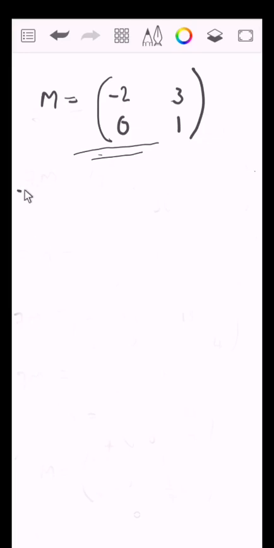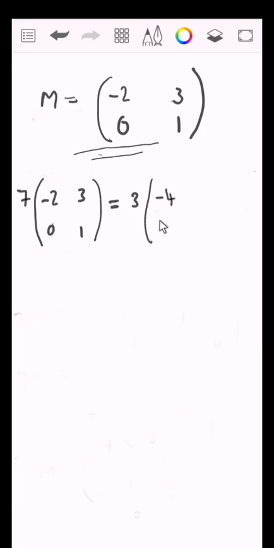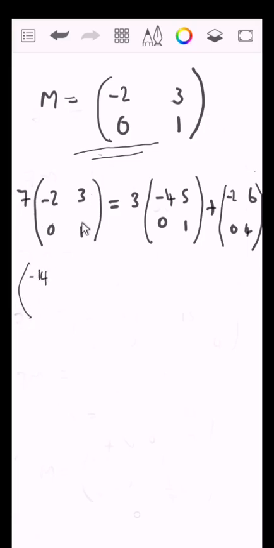But instead of writing M here, we say 7 times the matrix minus 2, 3, 0, 1. It is equal to 3, minus 4, 0, 5, 1, plus minus 2, 6, 0, 4. For the sake of practice we will not put in many explanations, so let us do the scalar multiplication here. Instead of putting 7 inside and multiplying every term as we did when solving this question, I will just do it offhand: 7 times minus 2 is minus 14, 7 times 3 is 21, 7 times 0 is 0, 7 times 1 is 7. We want to see whether this equals the right side when we solve it.